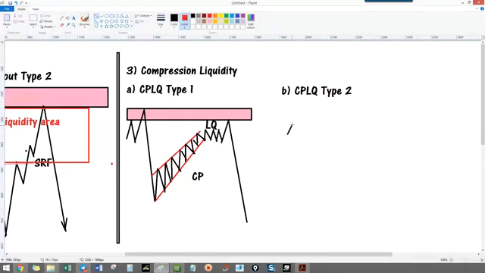For a buy setup, you can just flip the chart. I will only draw for sell.